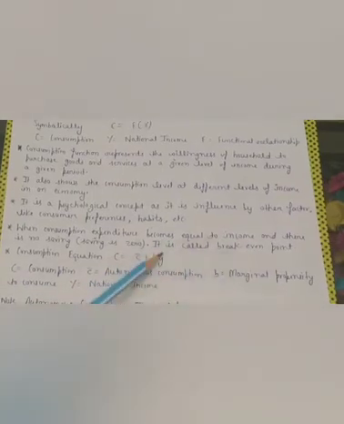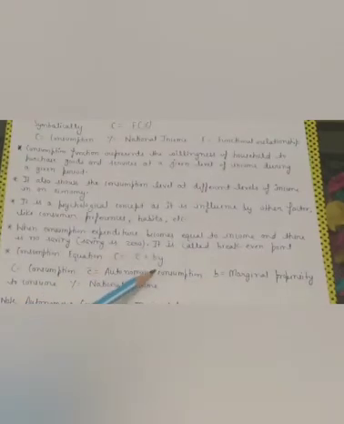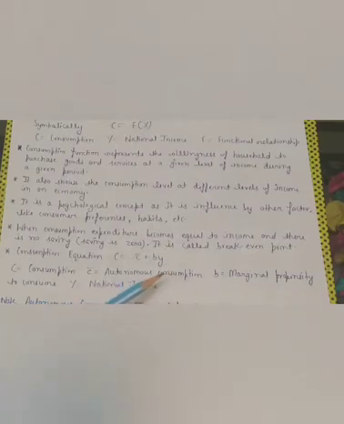Y means national income. So C represents consumption, C bar represents autonomous consumption, b represents marginal propensity to consume, and Y is equal to national income. Later we will discuss the meaning of marginal propensity to consume.